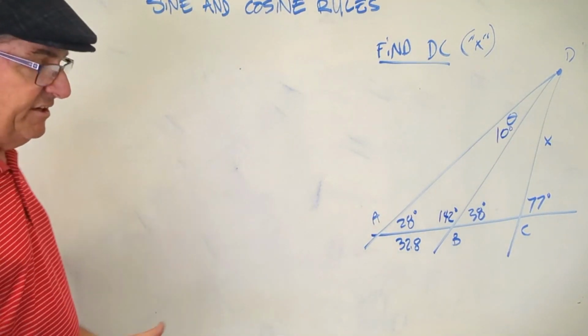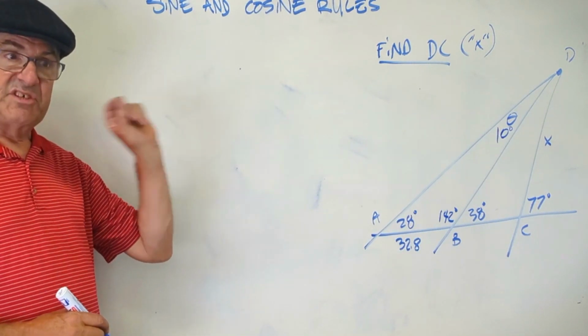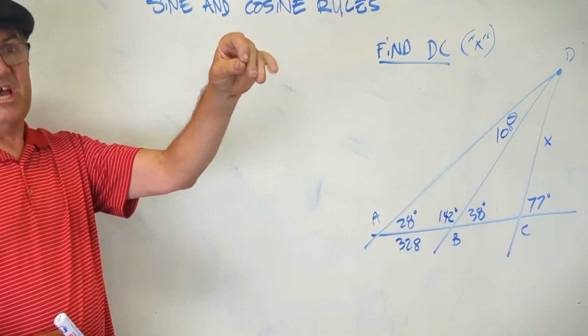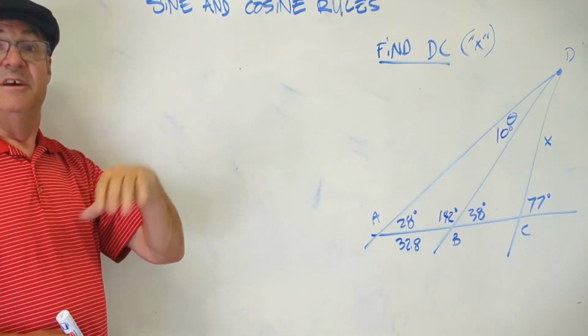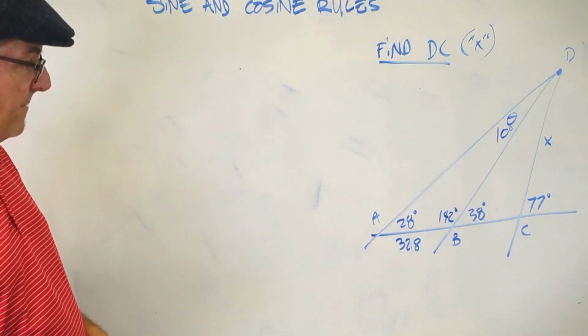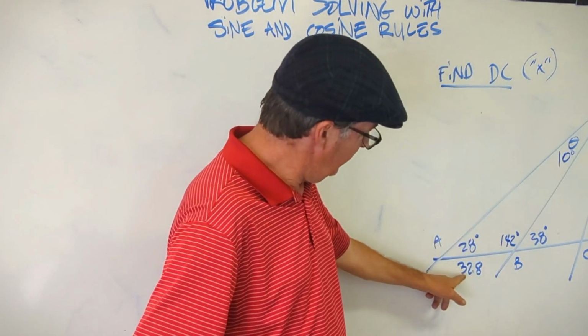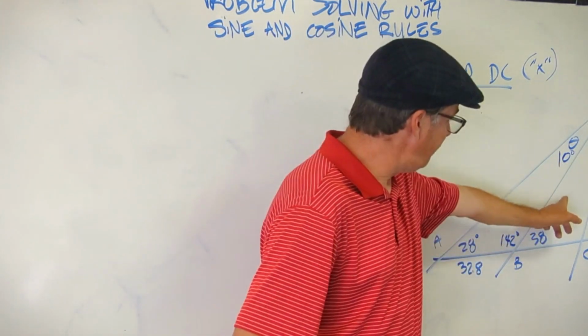Sine rule is side over sine of opposite angle equals the other side over the sine of the opposite angle, etc. So let's see if I can write one. I have this angle and this side, and I have this angle and I want that side.